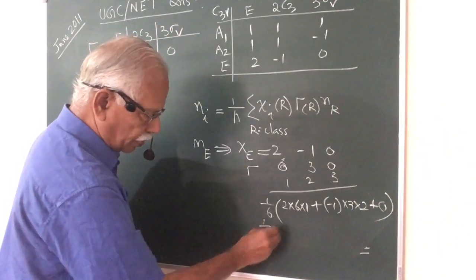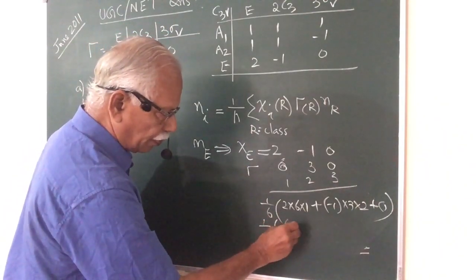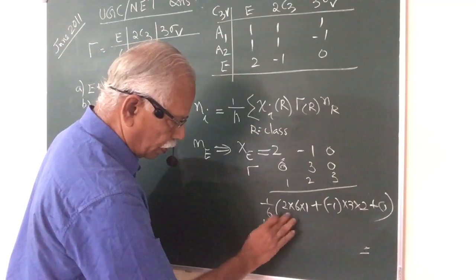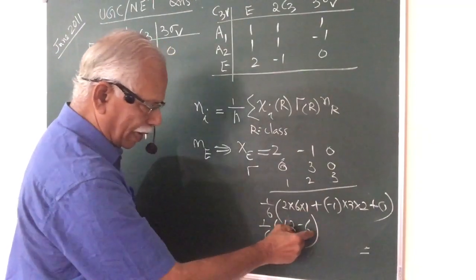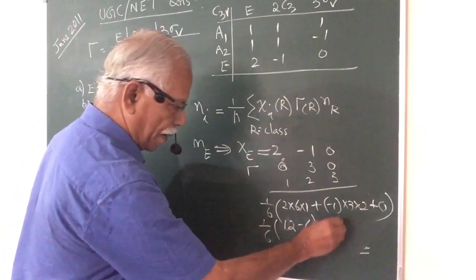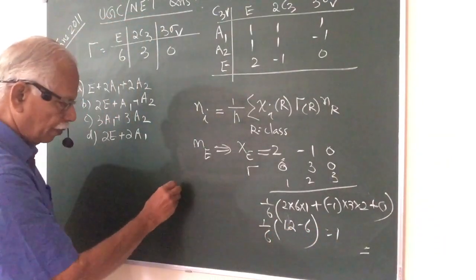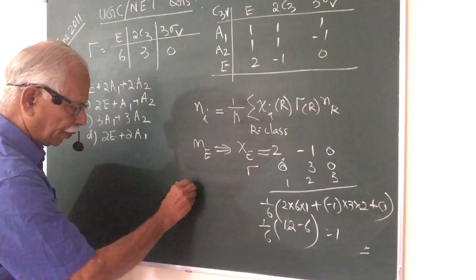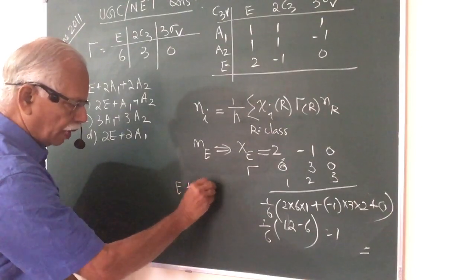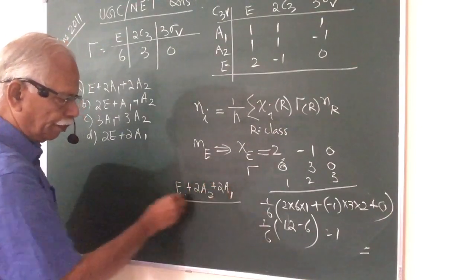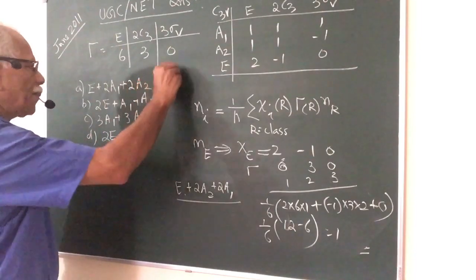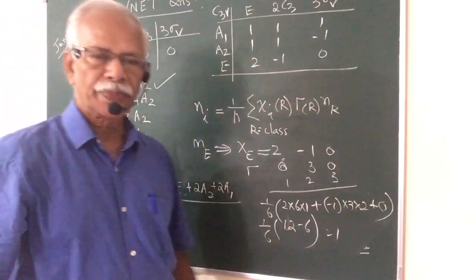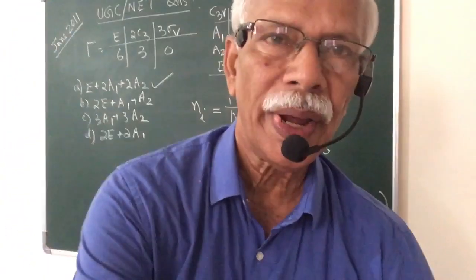It is 1 by 6 into 12 minus 6. So 12 minus 6 is 6, 6 by 6 is 1. So your answer is there is an E type, two A2 and two A1. Among the options, the correct option is this one, E plus 2A1 plus 2A2.